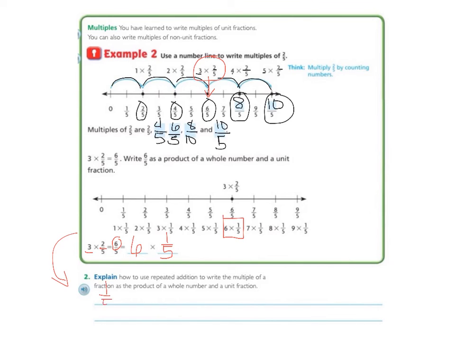So that would be 1/5 plus 1/5 plus 1/5 plus 1/5, that's 4 of them, 2 more, plus 1/5 plus 1/5. But that's a lot to write out. So instead of writing it as repeated addition, we write it as multiplication of a whole number, there are 6 of them, times a unit fraction, 6 times 1/5, similar to what we did yesterday.